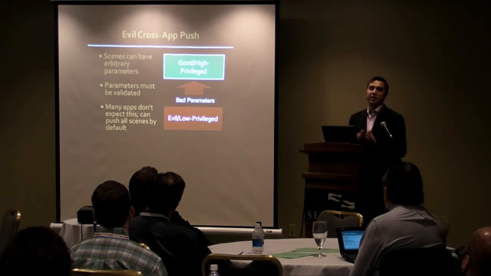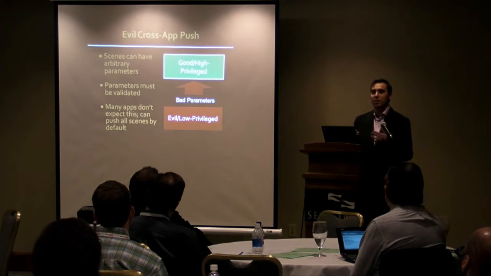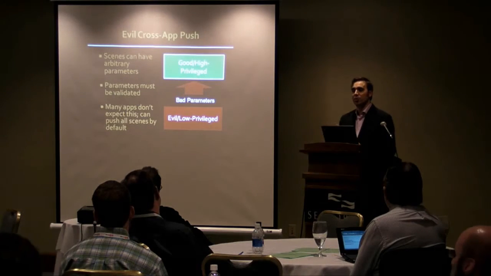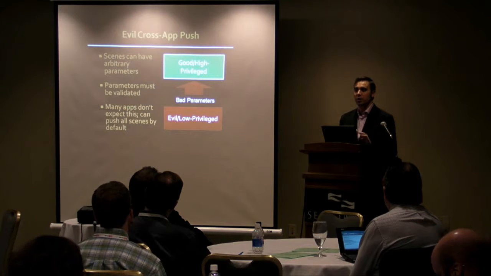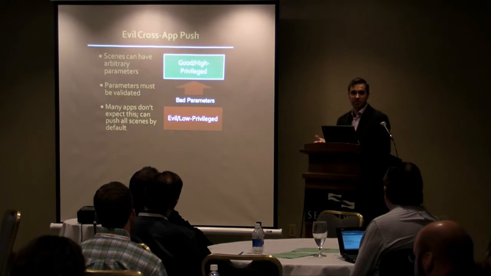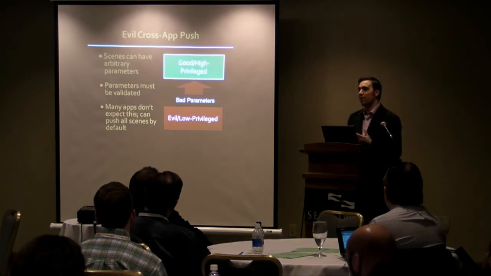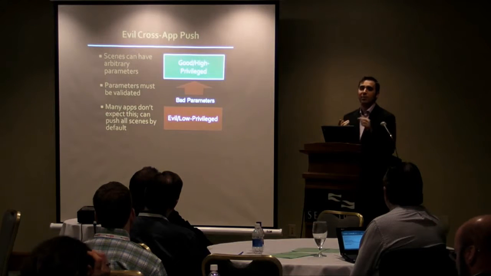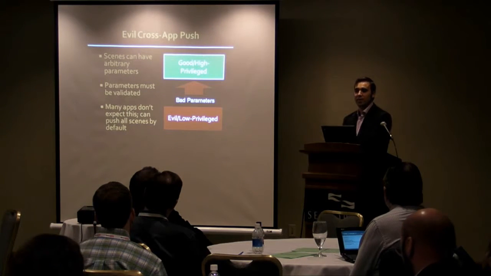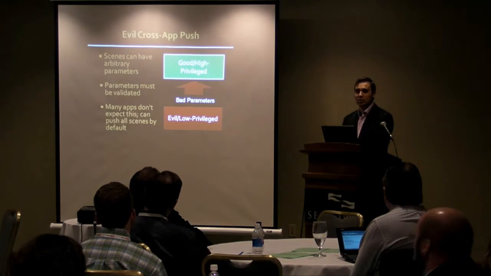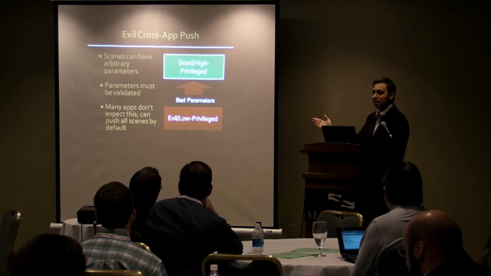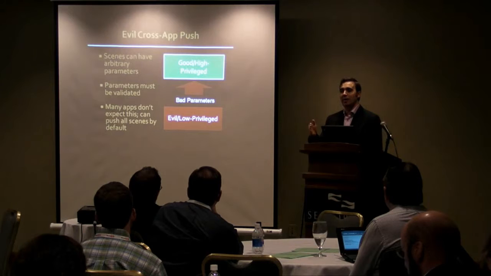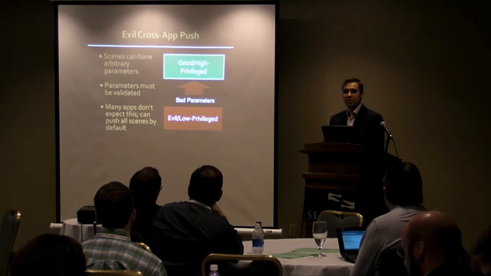This makes more sense on the web, but you might have a four-stage purchase flow for a website. You put stuff in your cart, you review your cart, you do a checkout, you get confirmation. Okay, so how many bugs have been found where you skip the first three steps and you go straight to the confirmation page, and it didn't expect you to do that? It didn't expect you to pass bad parameters. Same problem here. You might have a multi-stage, multi-scene application. Well, I'm not going to launch the first two scenes.